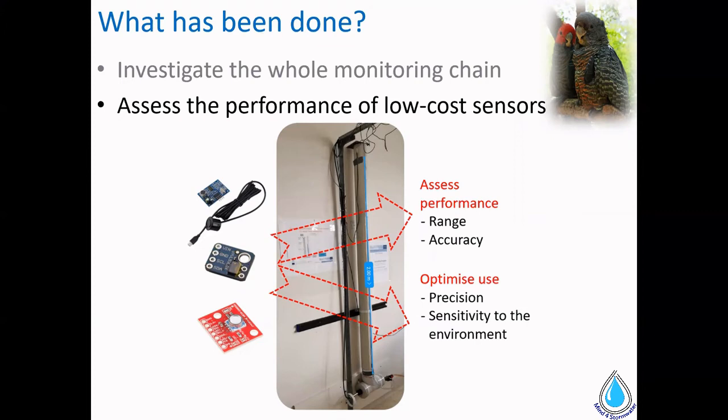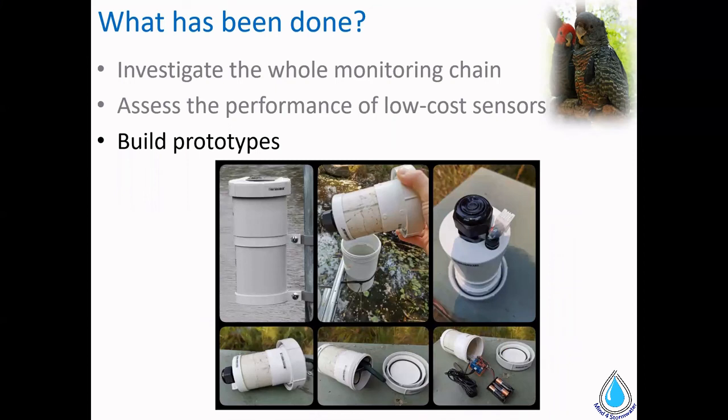And for the sensors that were better suited for our monitoring expectation, we have worked on optimizing their use in order to have the best precision possible and to reduce the sensitivity to the environment. Then we have worked on building prototypes.